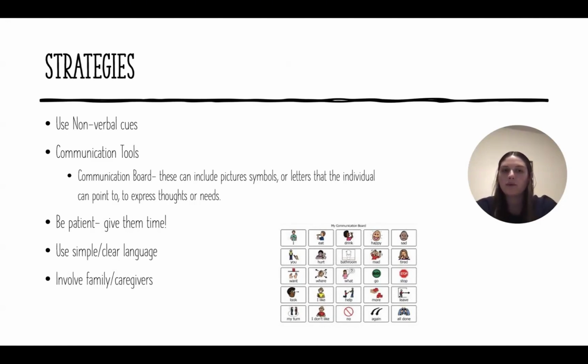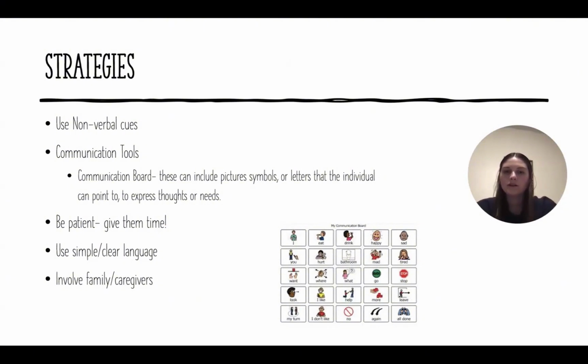If a patient were to point or move their hand towards something, it's important that we would respond, letting them know that we understand what they're trying to tell us. And even just reassuring them by smiling or touching can help show them that they can be comfortable around us and they're safe.